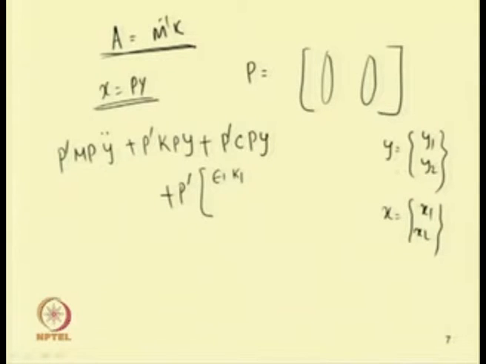We have to substitute this part epsilon k 1 x 1 cube and epsilon k 2 x 2 cube, the corresponding value of x 1 and x 2 here.